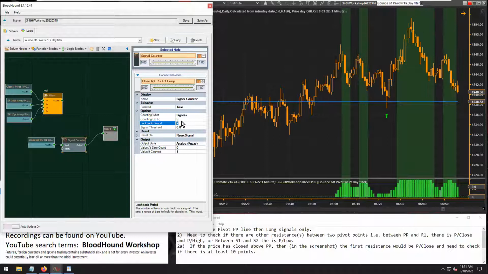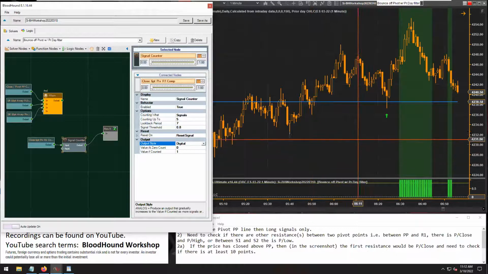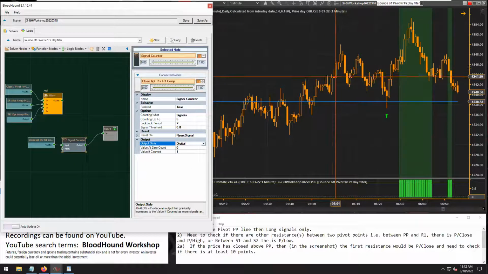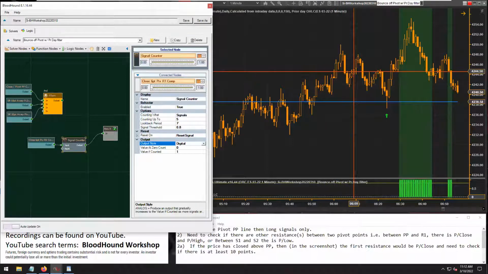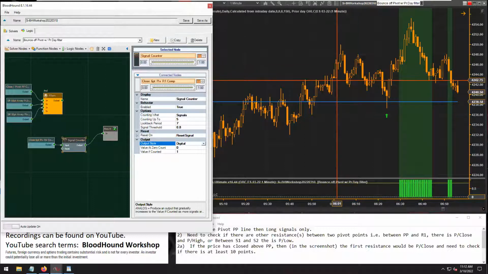So what this is doing is saying, okay, we need at least 5 bars out of 7 bars with that 6 points of separation there, right? And last thing, let's change the output to digital, like so. And actually we can see that over here, we didn't get 5 out of 7 bars with 6 points of separation.